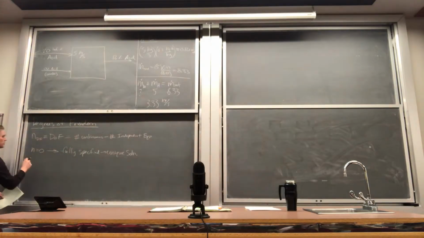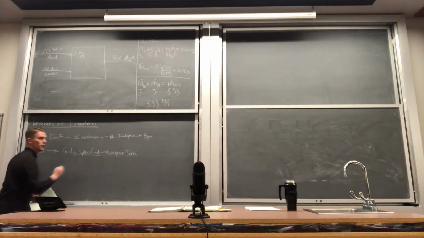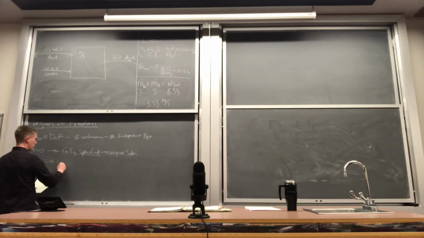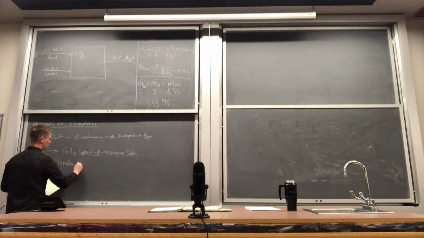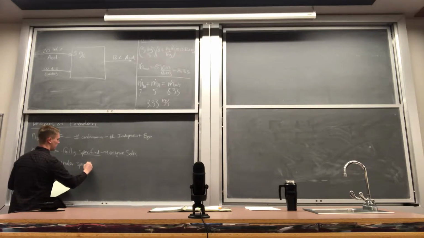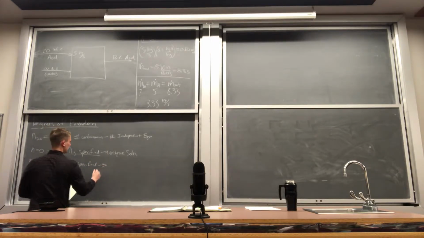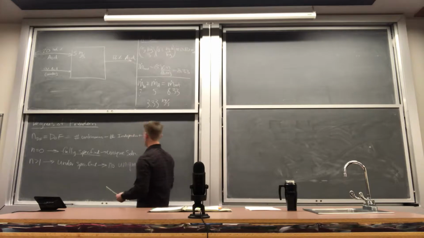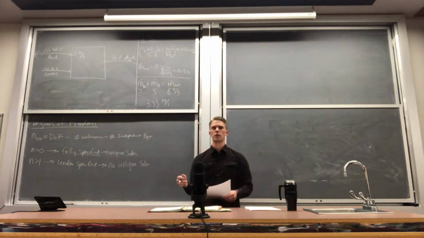So if we find ourselves in a system where we are not fully specified, we're either going to be under or over specified. So if NDF is greater than 0, this is under specified, and we will not have a unique solution.